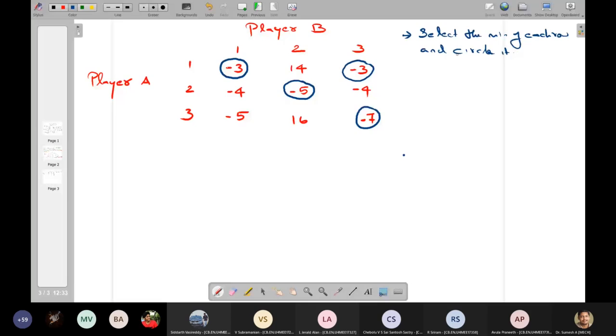As a next step, I take the maximum of each column and enclose it in a square.